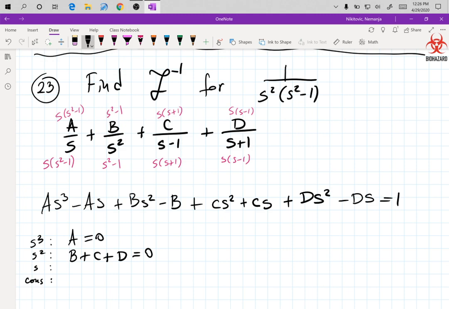Then I have the s terms, which is minus A plus C minus D equals 0 as well. And now I have the constant terms, which is just negative B, and that's equal to 1. Wow, this is a perfect exam question because it works out so well.